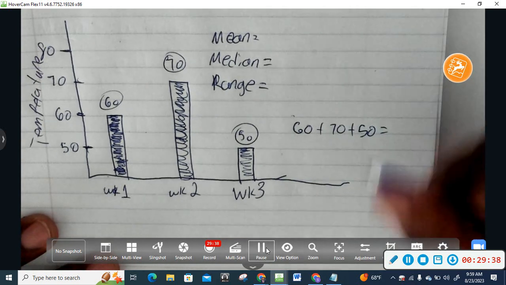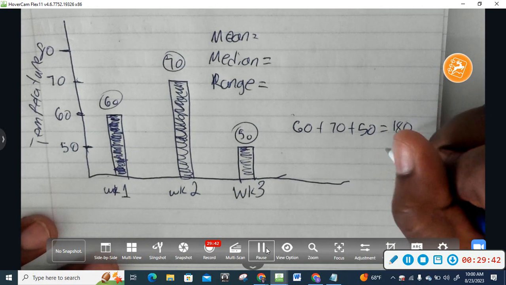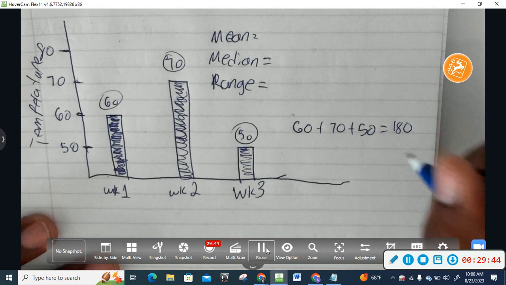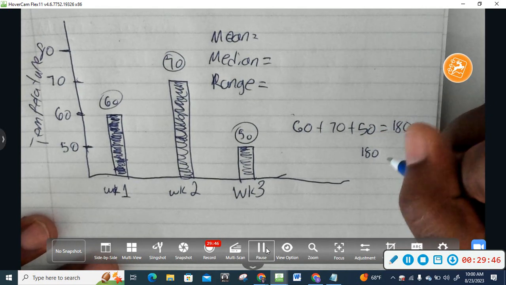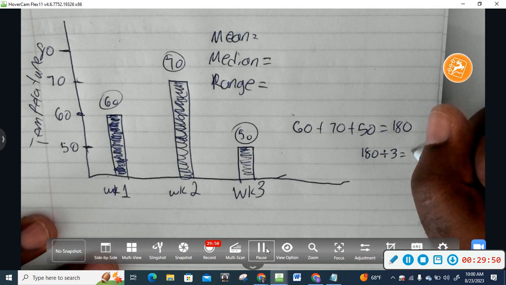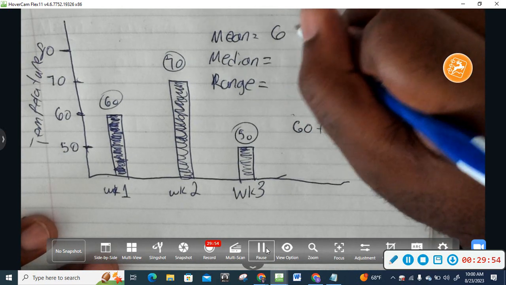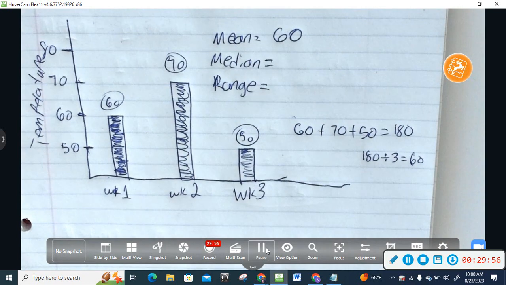All right. That gives me 180, and now I know I divide by 3. So 180 divided by 3 gives me 60. So my mean equals 60.